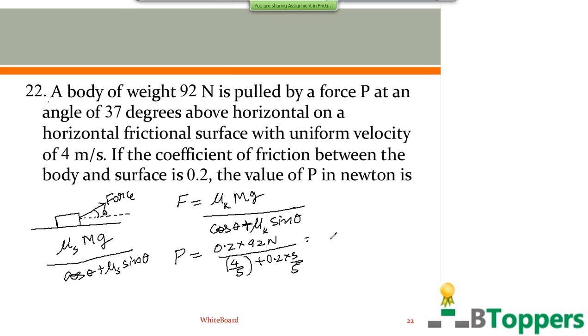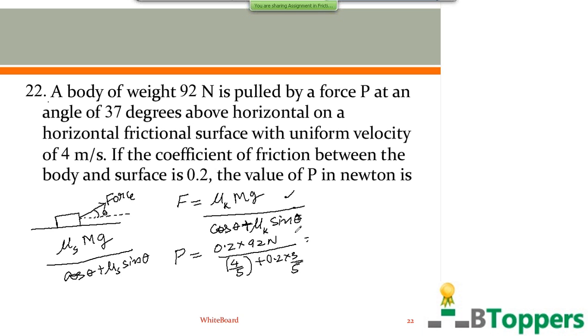But you can use this result directly while solving numerical problems only when the problem is given in an objective type paper or entrance examination. In case you are given a similar problem in board examinations, you have to arrive at this conclusion, then you have to use the result.